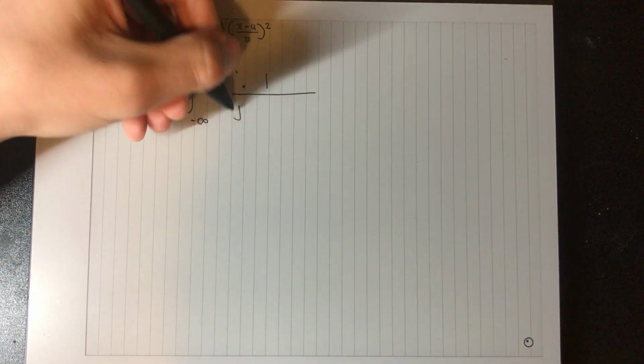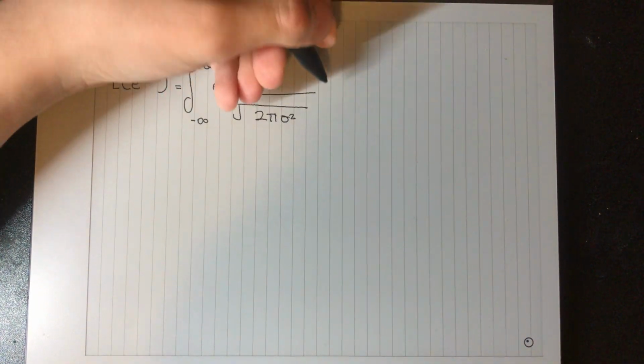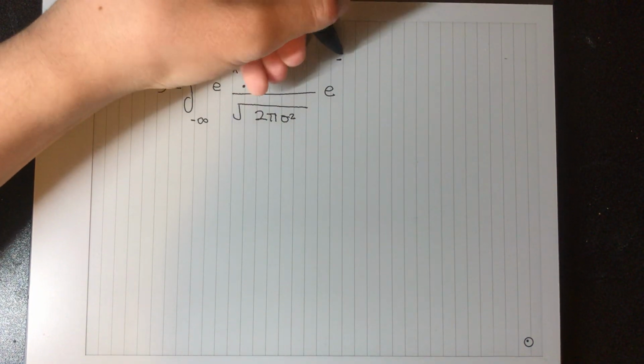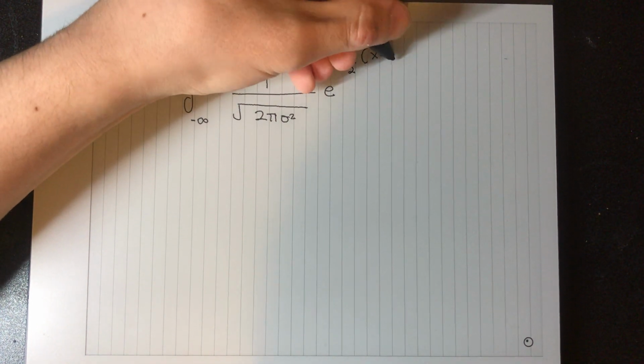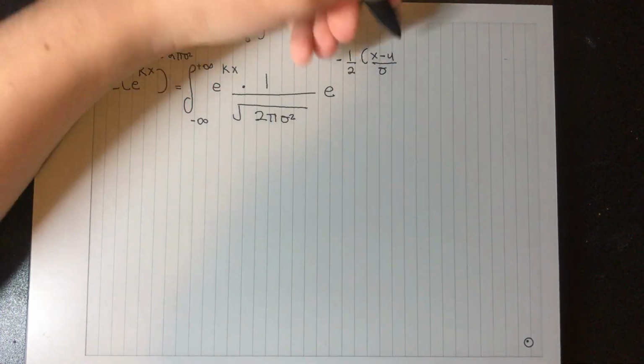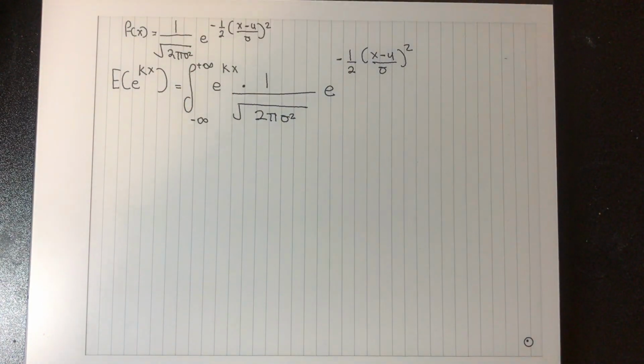So what we would have is 1 over the square root of 2 pi sigma squared e to the power of -1/2 (x minus mu divided by sigma), all of which is squared.